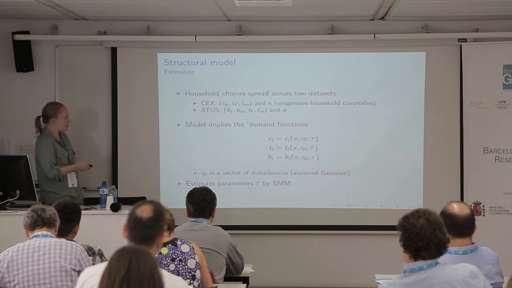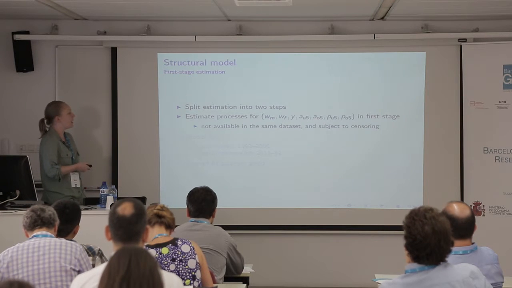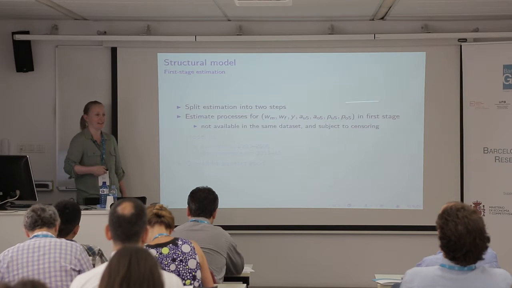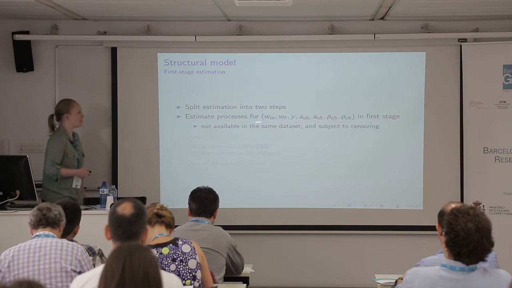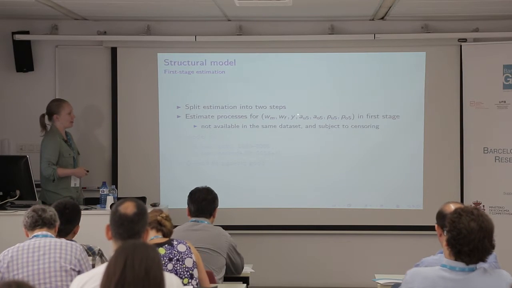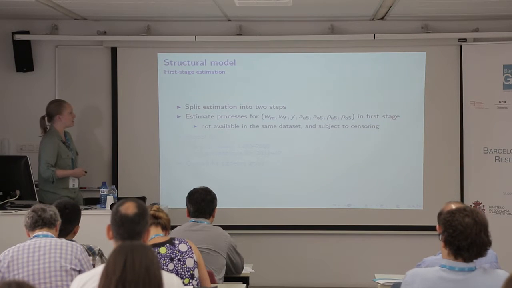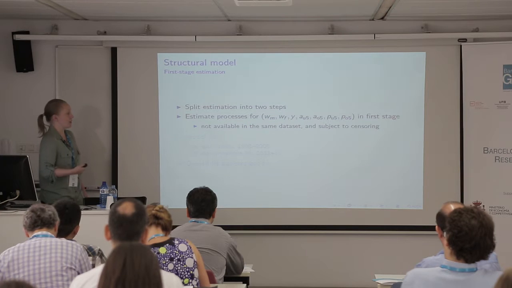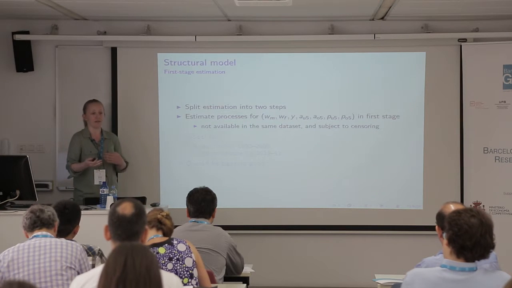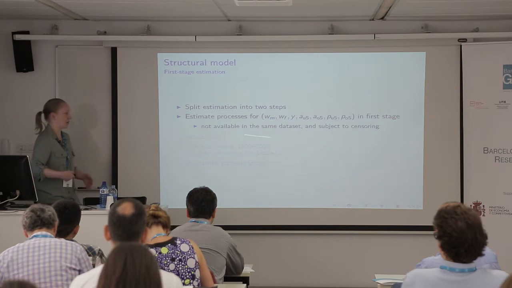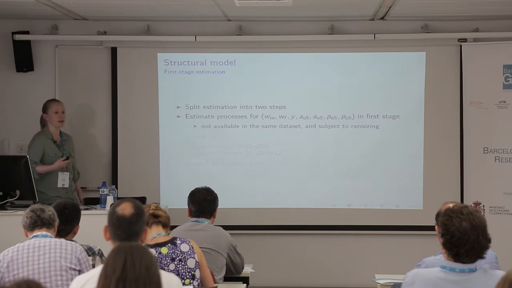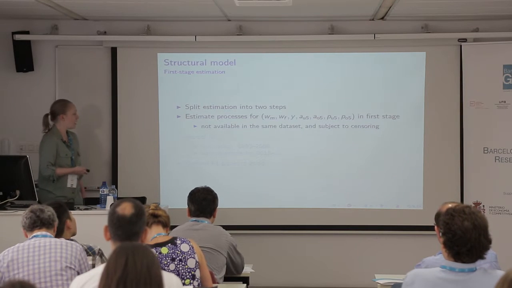Okay, so it's actually a little more complicated than that. There's also a first stage estimation where I have to estimate the processes for the wages, non-labor income, and the childcare parameters. This is because the data is not available in the same data set, and also, of course, we've got censoring because women don't work.